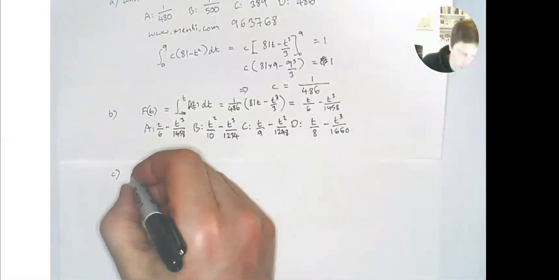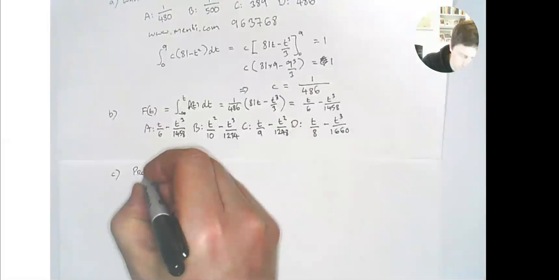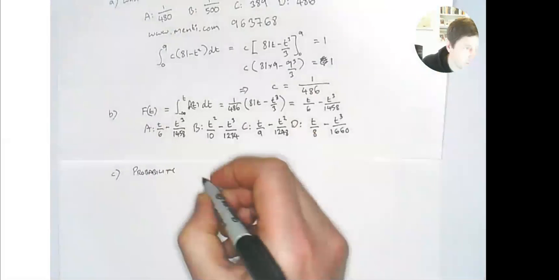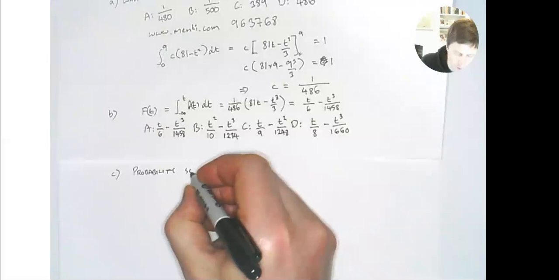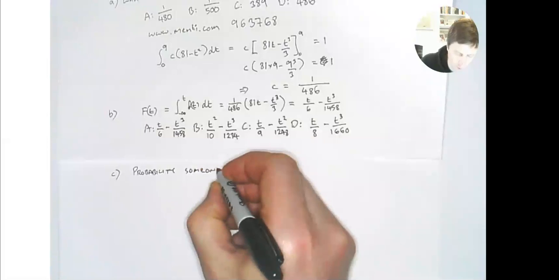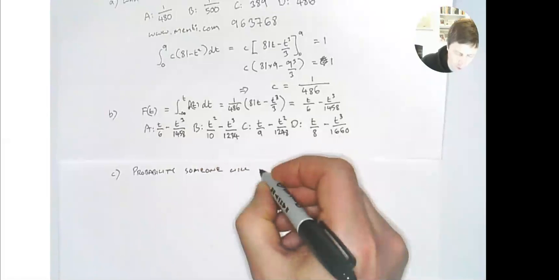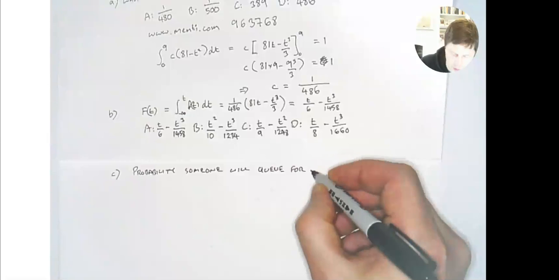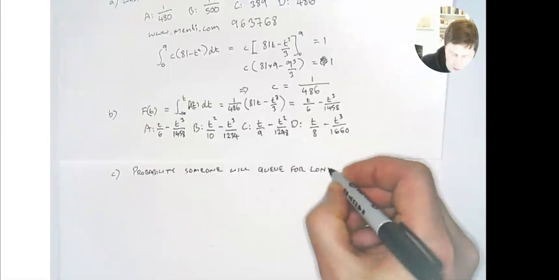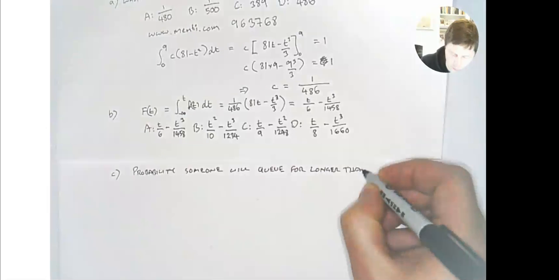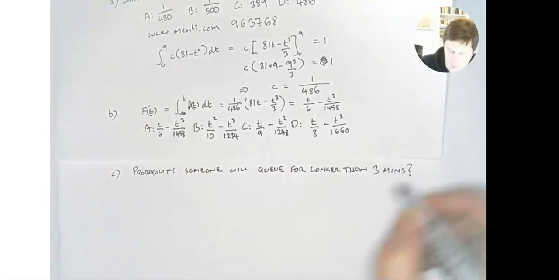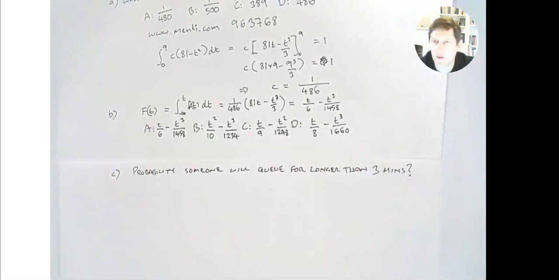So what's the probability someone will queue for longer than 3 minutes? So given this information, what's the probability that someone will queue for longer than 3 minutes?